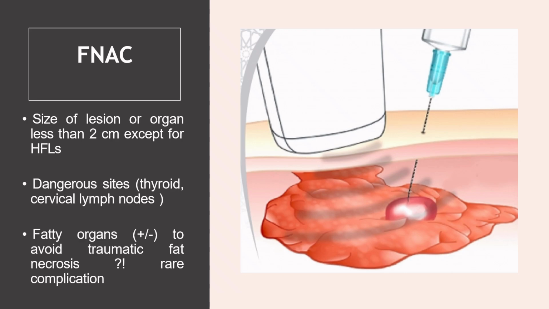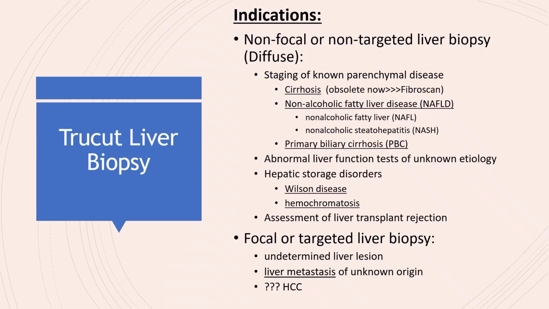The fine needle aspiration cytology differs from the true cut biopsy, where we use usual needles like the syringe, and we only target the lesions to get cells on the slides and not a tissue sample. This is an example for the true cut biopsies, like liver biopsies.